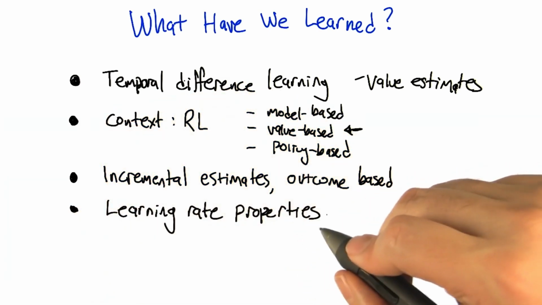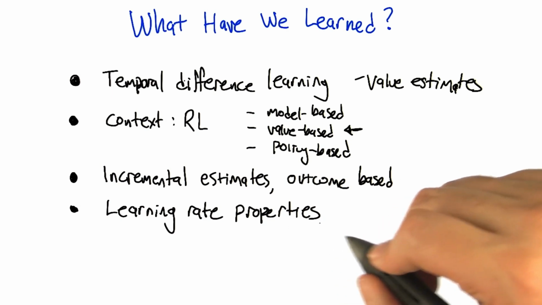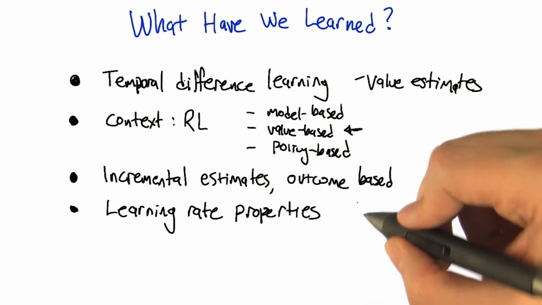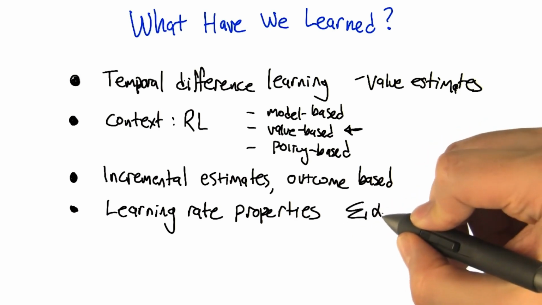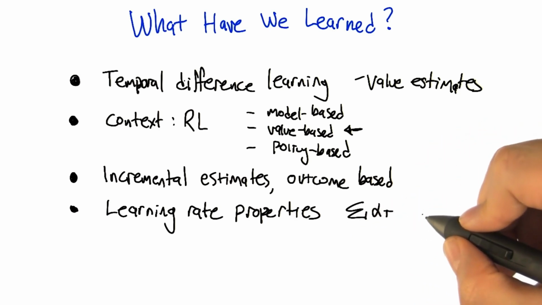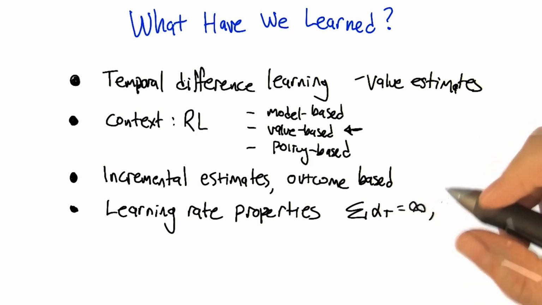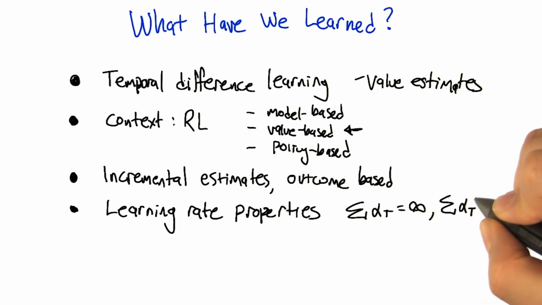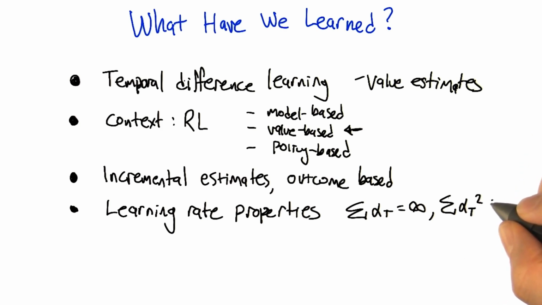Right, that's exactly right. And in a nutshell, what were these properties? Well, let's see, the sum over all the learning rate values, let's call that alpha_t for time, needed to be infinite. And the sum of the learning rates squared needed to be finite.